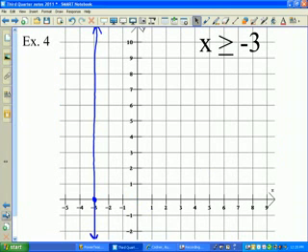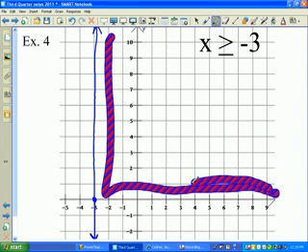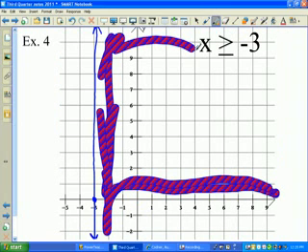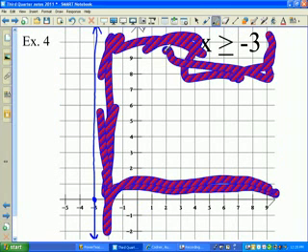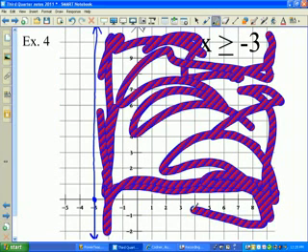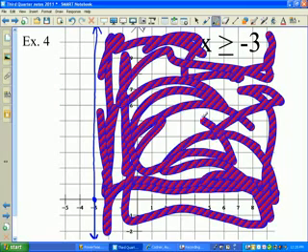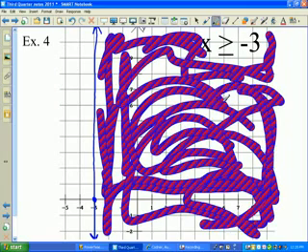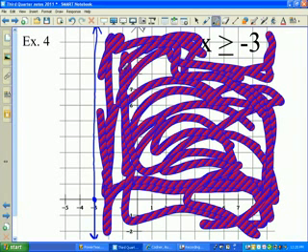Which numbers will be greater than, the left side or the right side? Hopefully you said the right side. All the numbers on this right-hand side are going to satisfy that inequality.